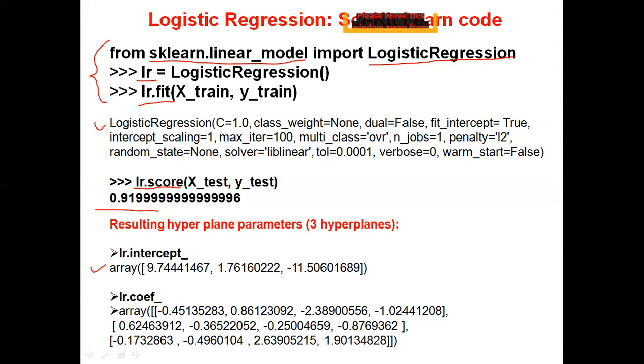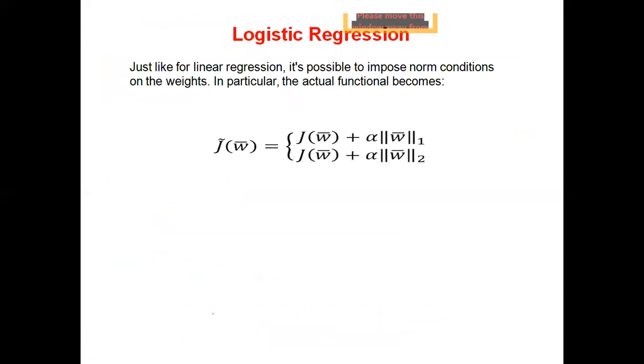For this example, because it is a multiple regression example, my number of hyperplanes is 3, and that's why we are getting 3 different values of the intercept. In the coefficient also, we are getting 3 different sets of values for the 3 different hyperplanes. And my data set is a 4-dimensional data set, and that's why there are 4 values in each array. I hope, students, you are clear with this.